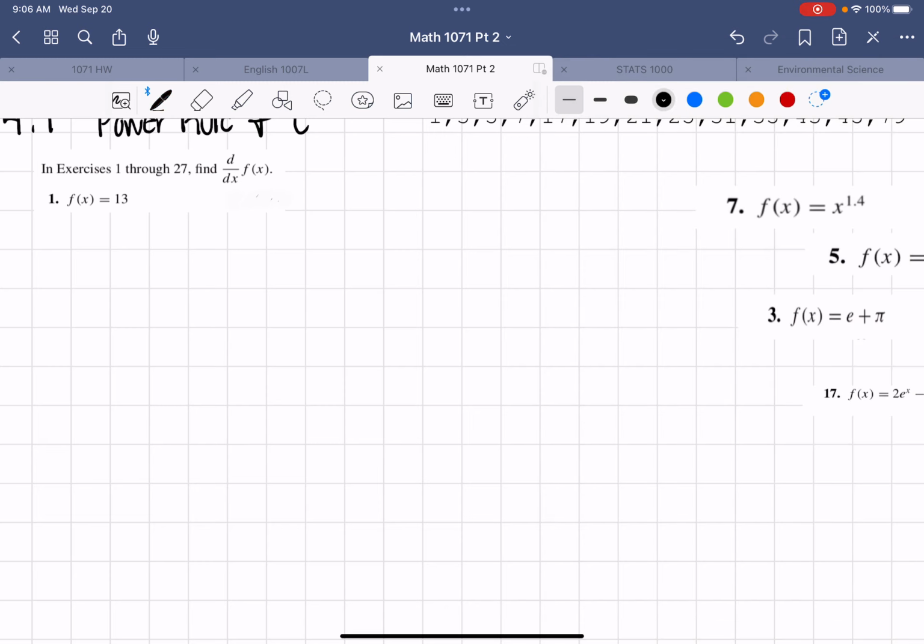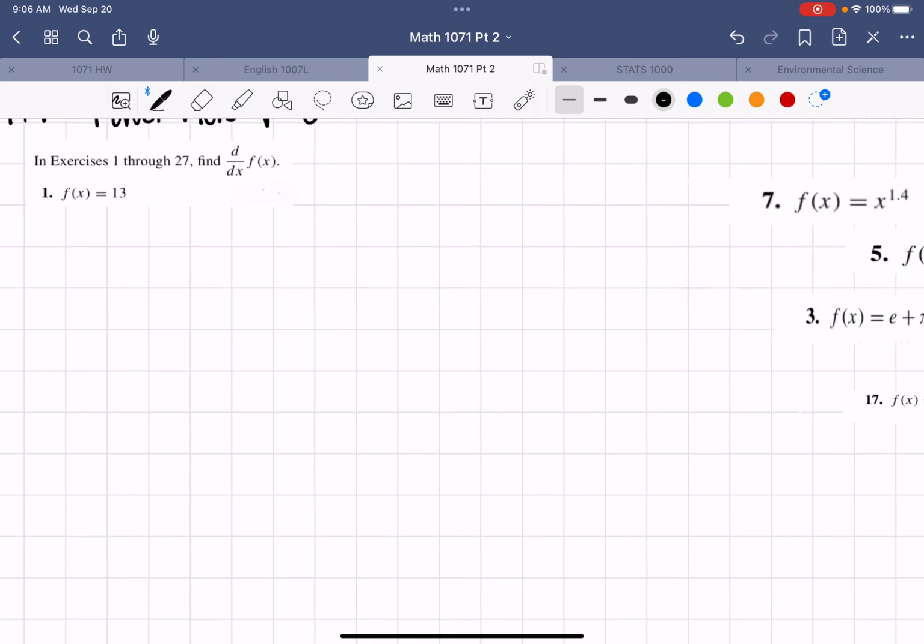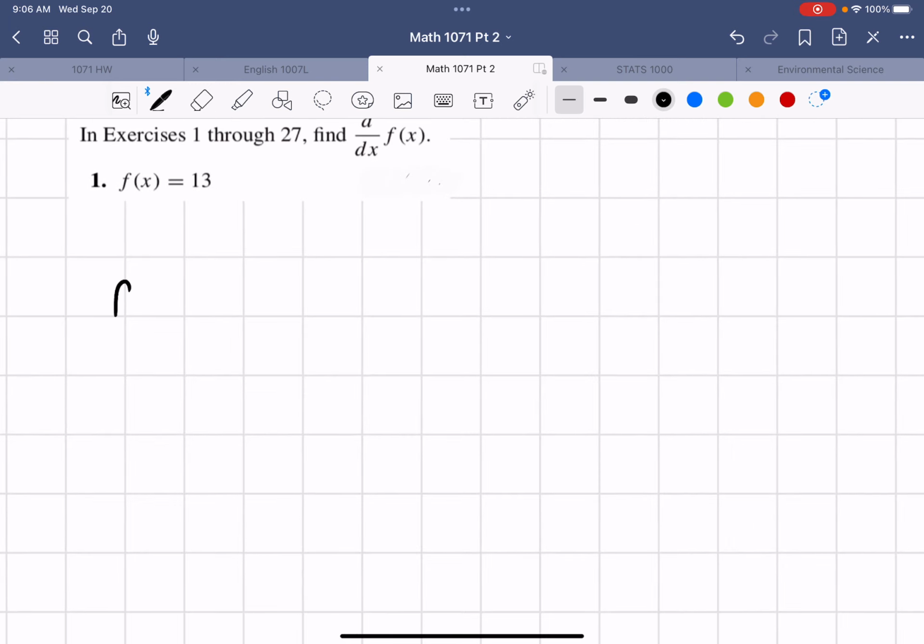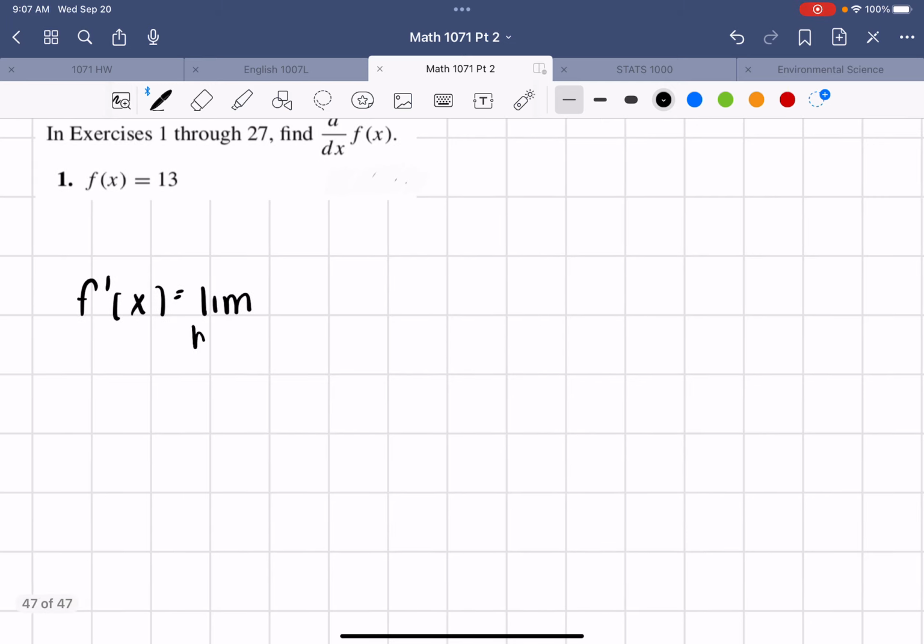And before I do these homework problems, let me just summarize. So the book has introduced this notation. And I don't think I've used it before, but let me use it now. Derivative.